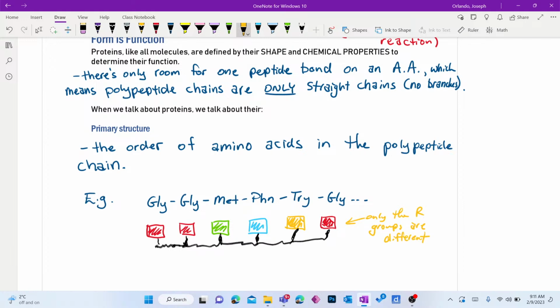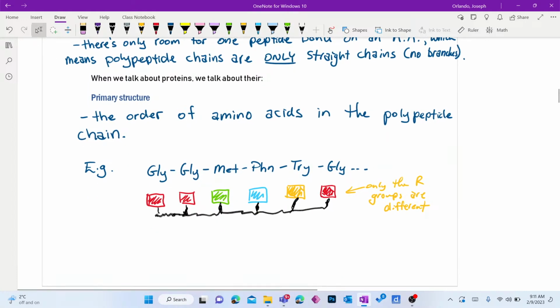And the bonding doesn't happen between R groups. If we remember, it is the amine side of an amino acid bonding to the acid side of an amino acid that makes the peptide bond, that makes the peptide linkage. They're the part that are connected. The R groups sit below them, oriented any way you want. I have to draw above here, which I guess is silly, but there we are. It's only the R groups that are different.